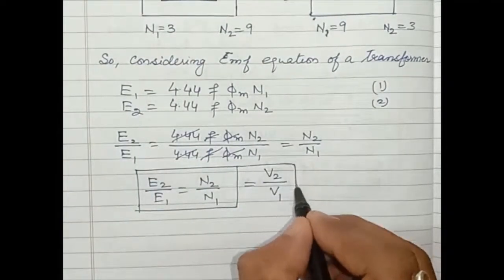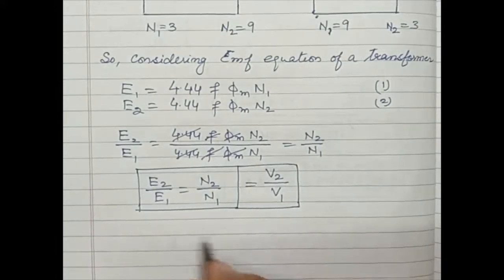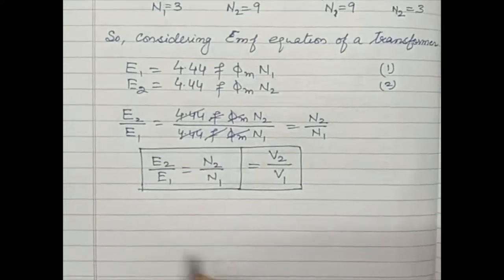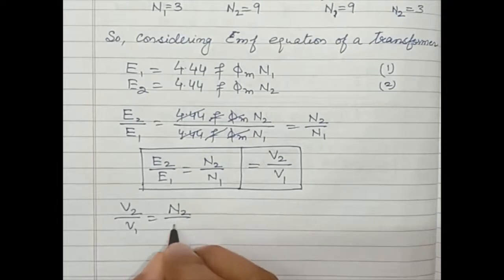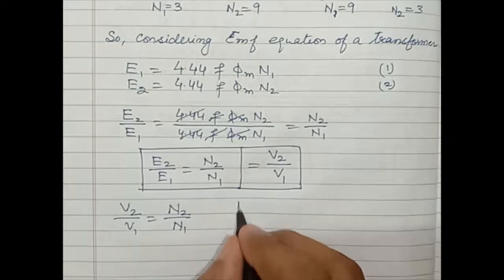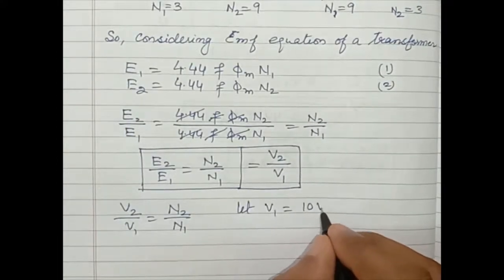So we can consider V2 upon V1 is equal to N2 upon N1, where V1 is the applied voltage.